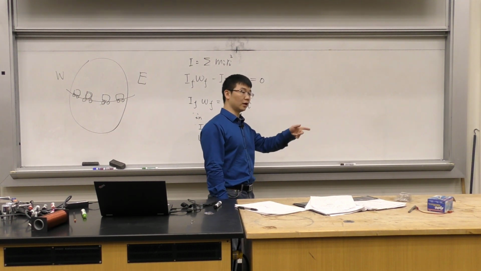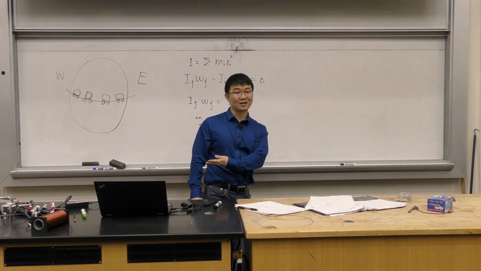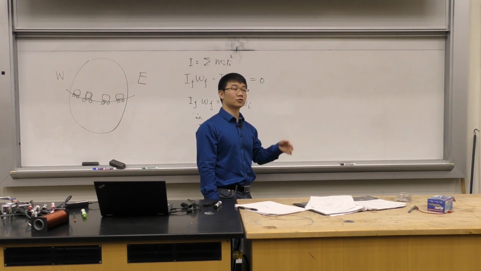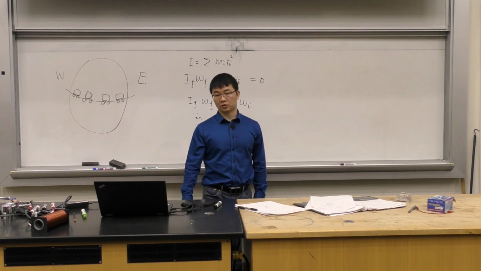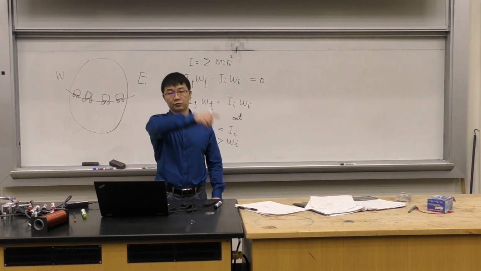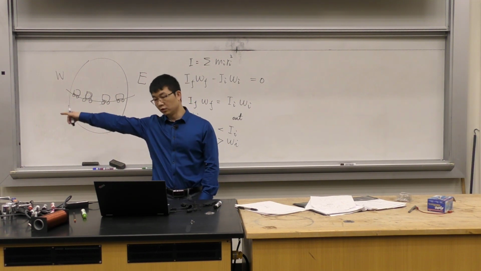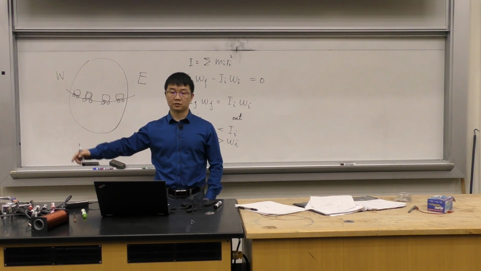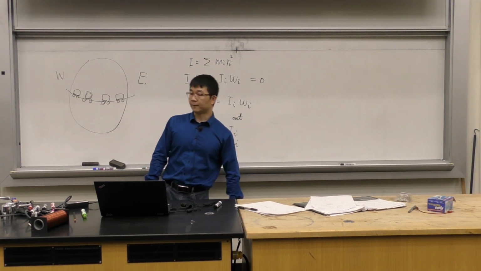Because when you run this way, your feet are pushing the ground in that direction, right? So you should run to the east if you want to apply a force on the ground to the west. So the cars are the same, right? The tires are rolling, okay? If you want the tires to apply a force to the west on the Earth, you should actually drive to the east, okay?